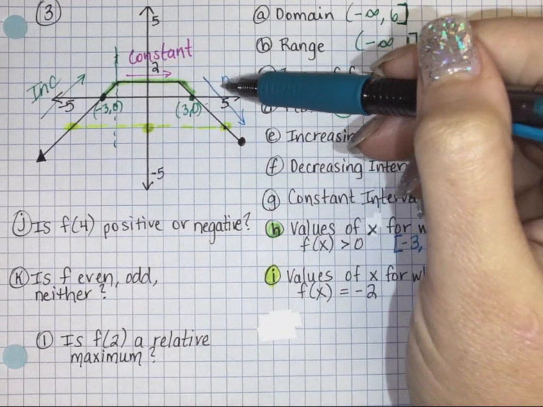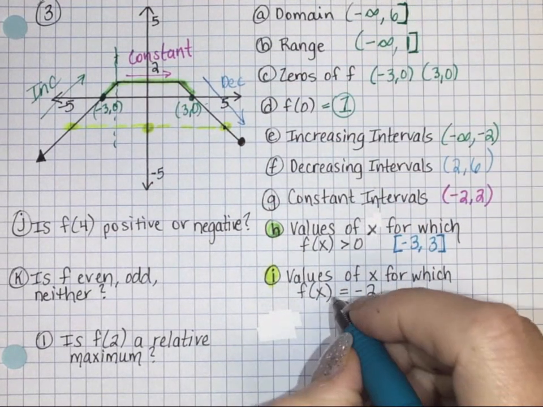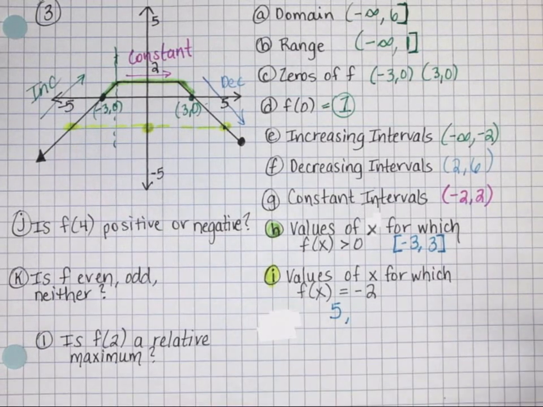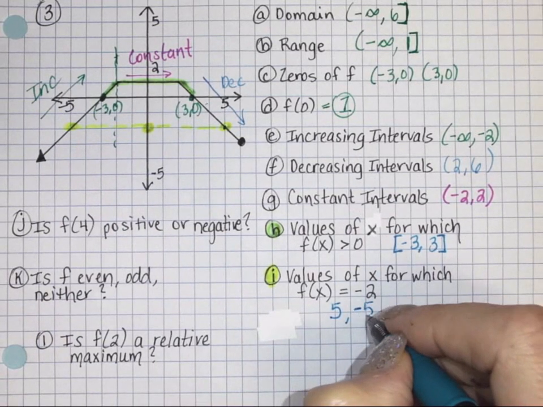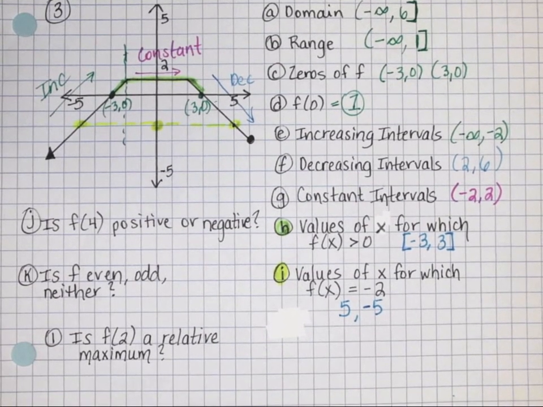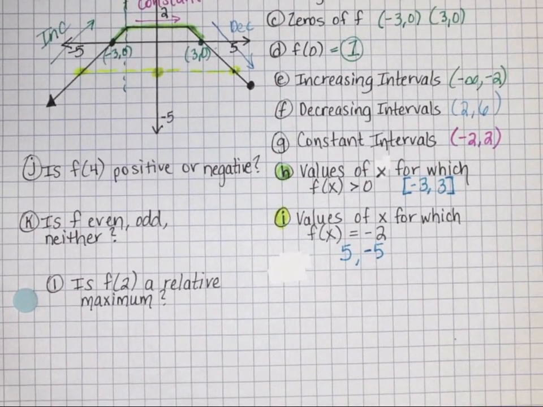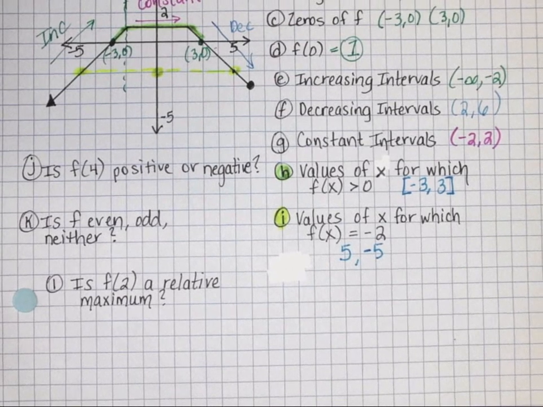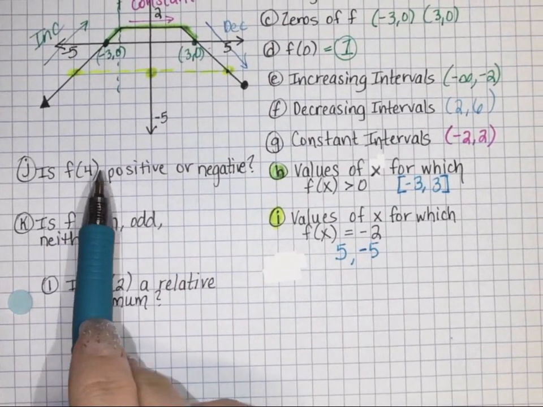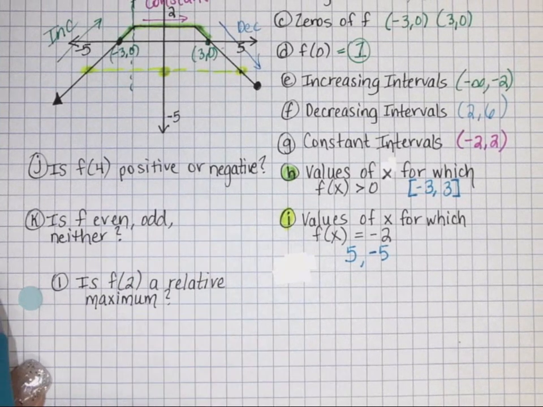So the two x values, you've got 5 and negative 5 are your two x values that have y of negative 2. Okay, we're almost finished with this problem. Hang in there. Is f of 4 positive or negative?